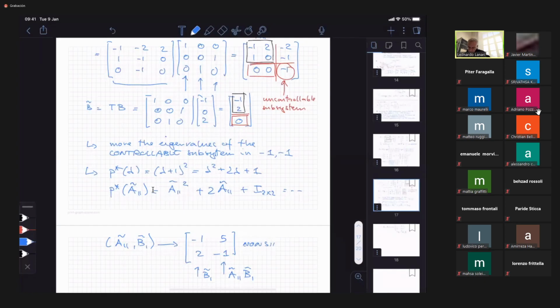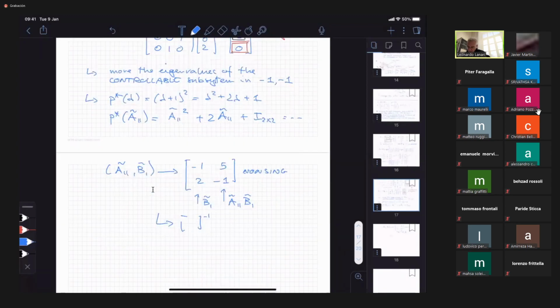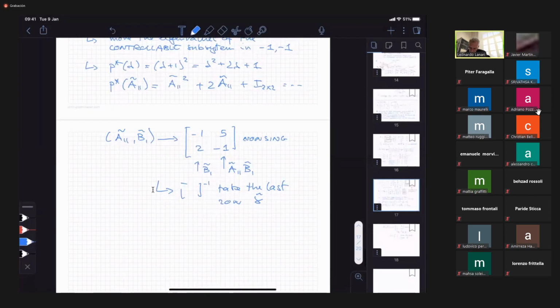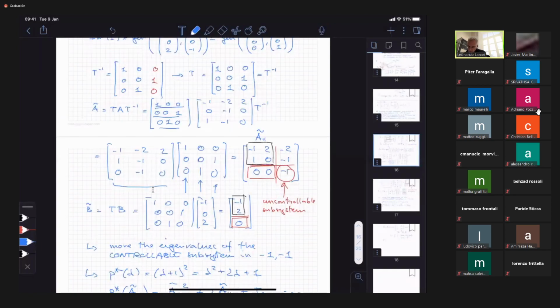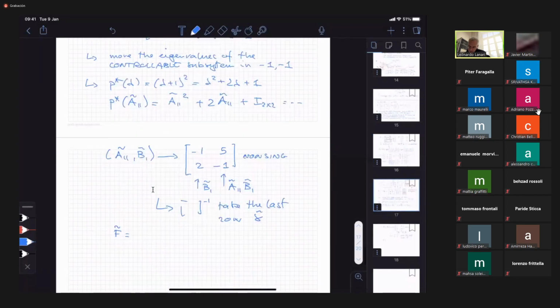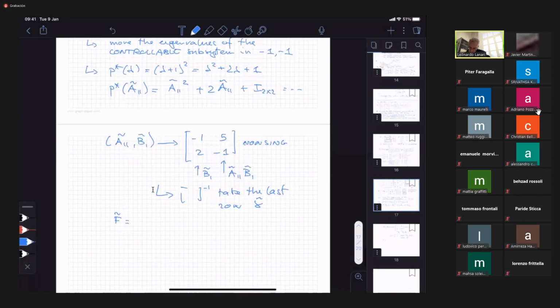We can compute the inverse, take the last row, gamma tilde. And finally, we would have that F tilde, which assigns the desired eigenvalues minus 1 and minus 1 to this controllable subsystem, would be minus gamma tilde P star of A11 tilde.